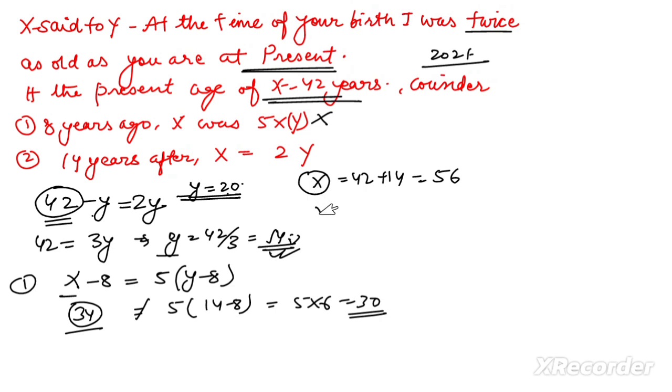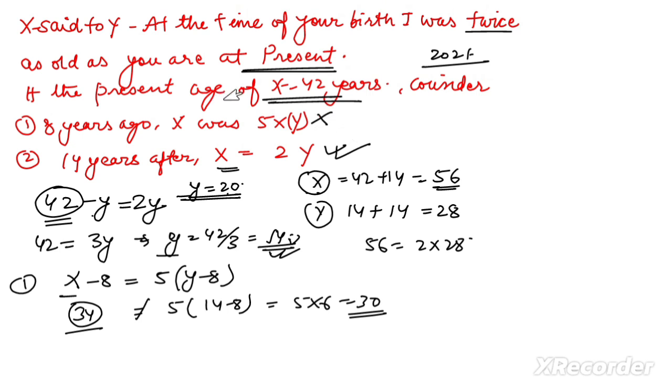For y it will be 14 plus 14, which means 28. So you can see x is equal to 2 times of y: 56 is equal to 2 times 28. That means the second statement is true.